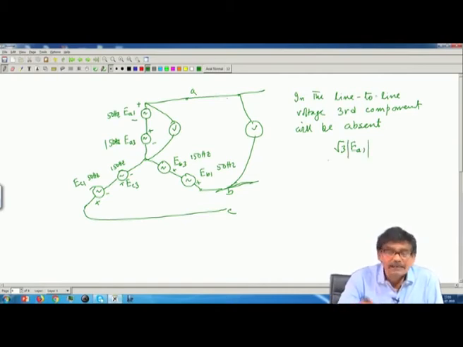Therefore, in the line to line voltage only 50 hertz will be there, but across each phase the third harmonic component will be there. Got the point?